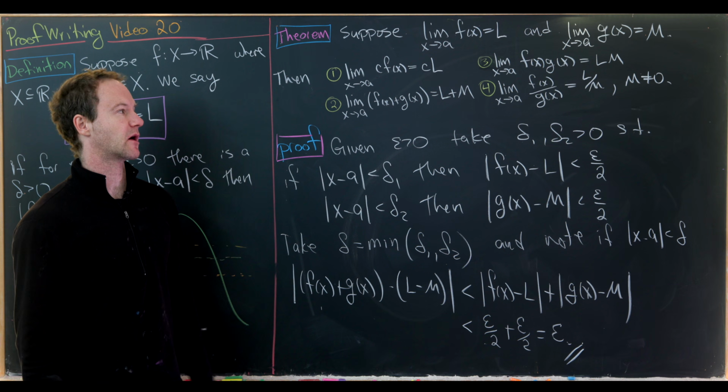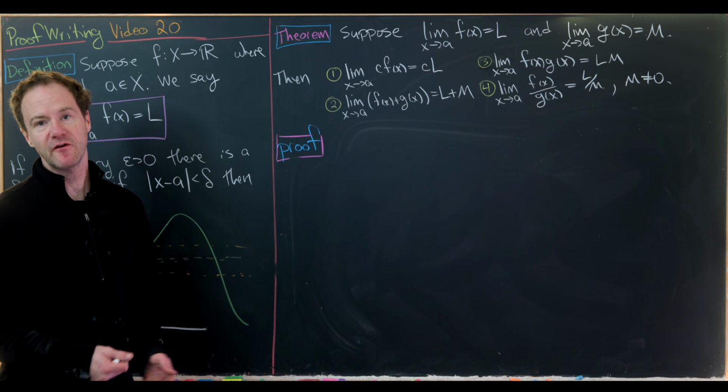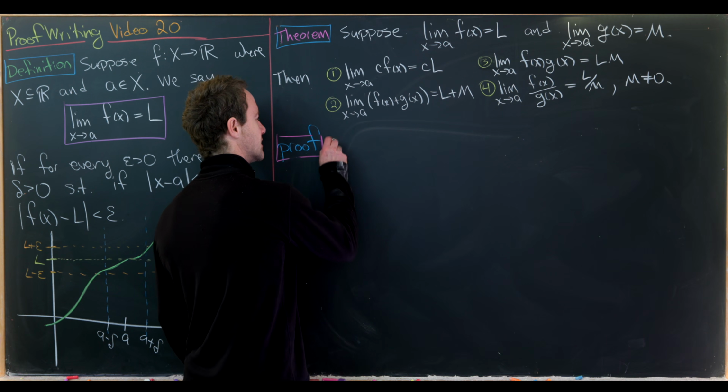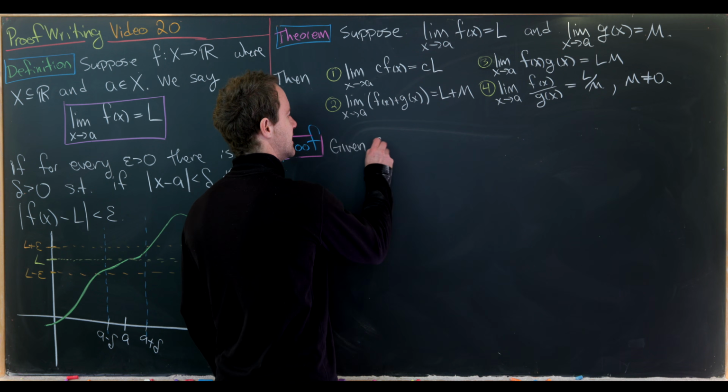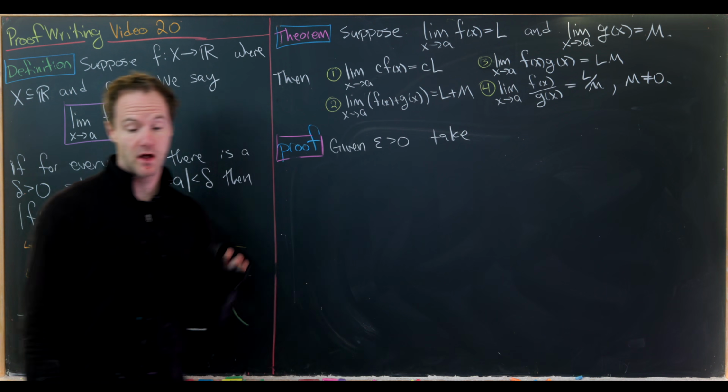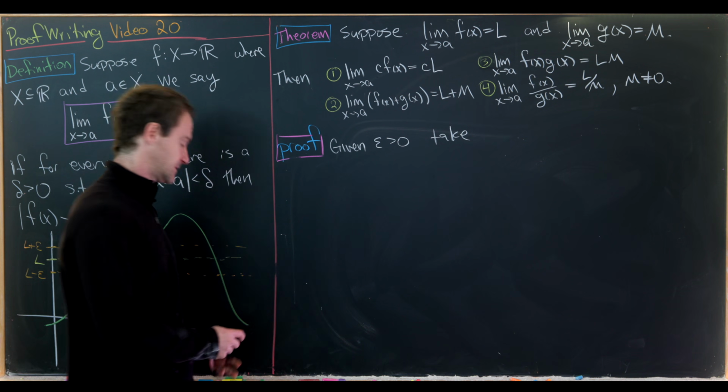Okay, now let's do our product rule proof, which is a bit trickier. So let's see how that goes. Let's say we are given epsilon bigger than 0. Let's take the following 3 deltas.